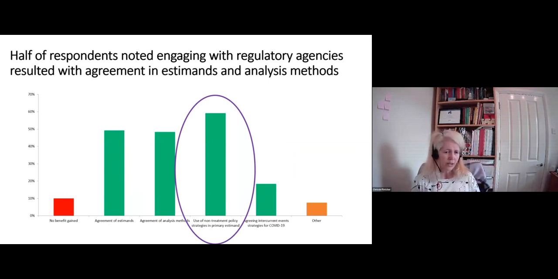And this is important here because until E9R1 was introduced, all we were able to do was actually follow intention to treat, because E9 just covers intention to treat principles. But as you've seen today, there are other different clinical questions where a treatment policy strategy might not be addressing the clinical question of interest.